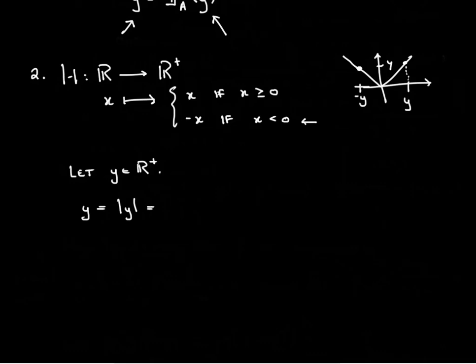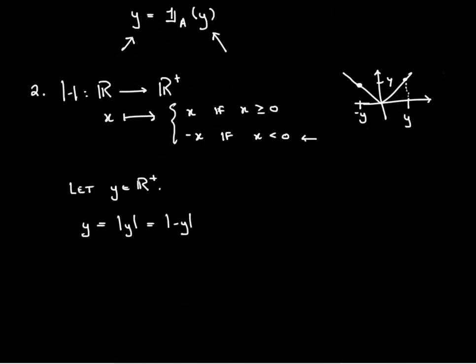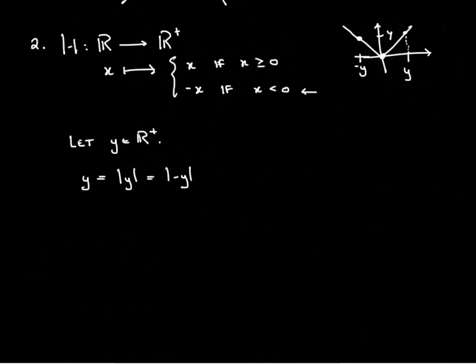So we can write y as the absolute value of y or the absolute value of minus y. And I just need to point out that we need at least one preimage. We can have 2, we can have 3, we can have an infinite amount, it doesn't matter. Here we found 2 preimages for our arbitrary element, well, 2 preimages if it is not 0, because 0 and minus 0 are both equal to 0. We'd only have 1 preimage.